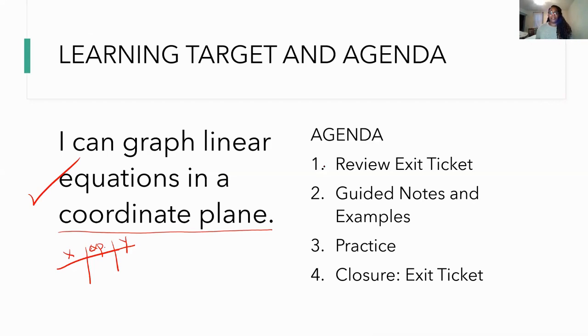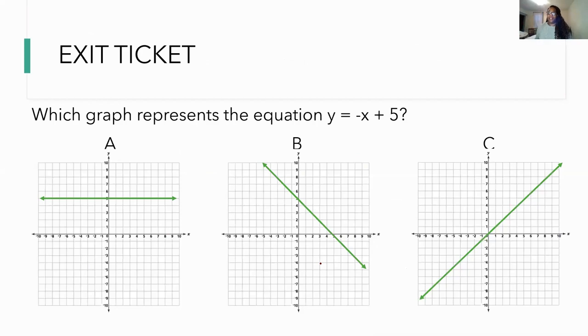All right, we already reviewed. We looked at those guided notes, we looked at examples, and we had one practice. Exit ticket time. Let's do it. So I'm trying to do it a little bit different this time, okay? A little change, a little flair, you know? Like I said, we're not all vanilla. We like a little chocolate chip, a little bit of raspberry swirl in it.